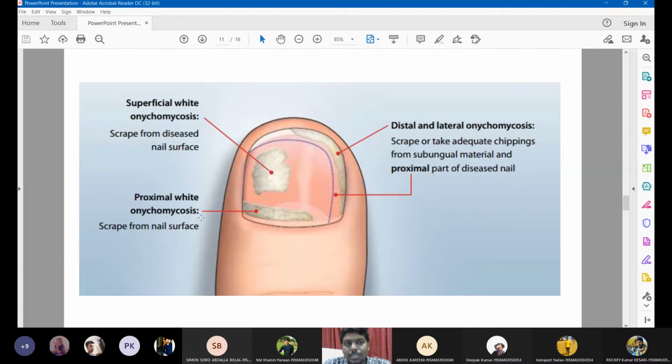So we have multiple types of onychomycosis, like proximal white onychomycosis, superficial white onychomycosis, and distal or lateral onychomycosis. These are the sites of fungal infection on the nail, and you need to collect the specimen according to the growth present on the nail surface.